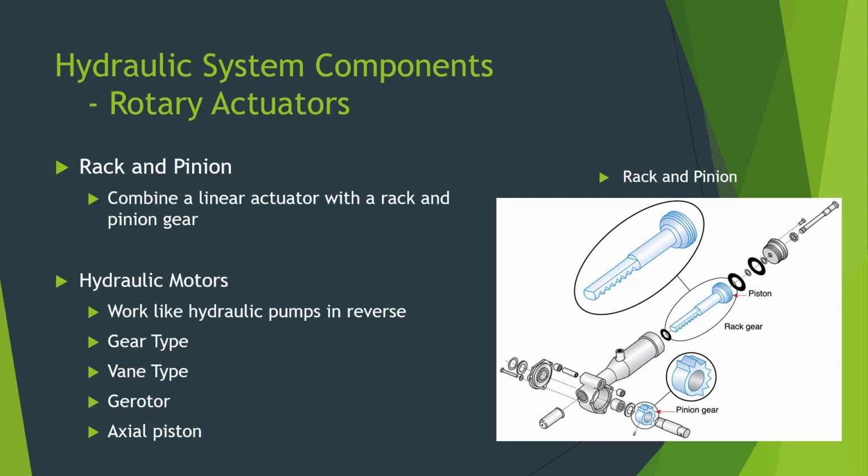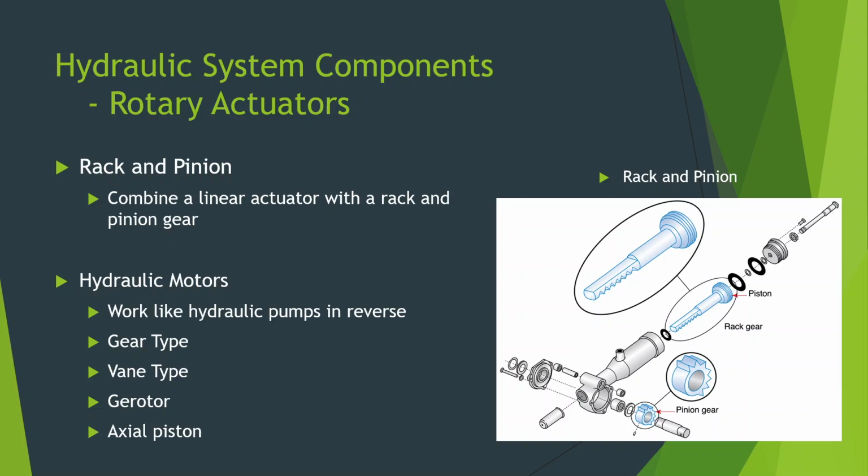Now there is another type of rack and pinion actuator where, rather than what I'm showing here, where we use hydraulic pressure to push a linear actuator back and forth, you can also set it up where that pinion gear is rotated by a little hydraulic motor.